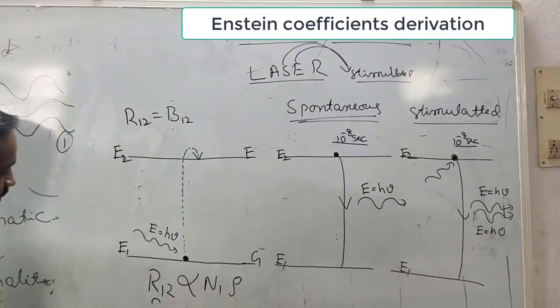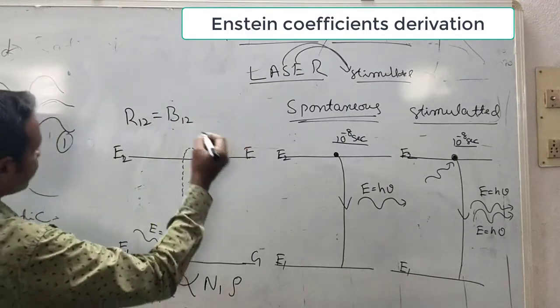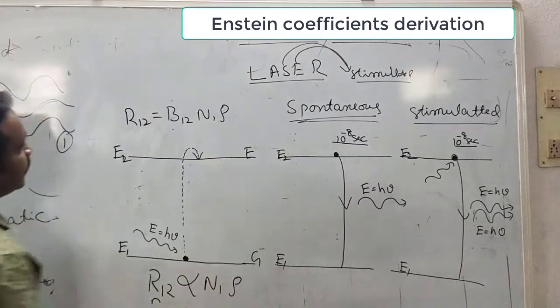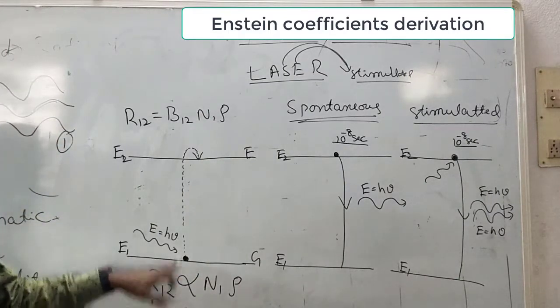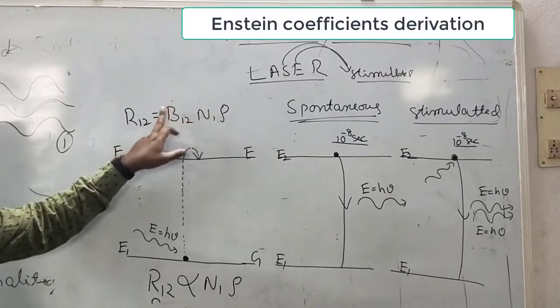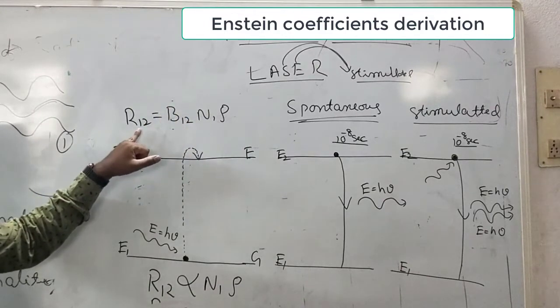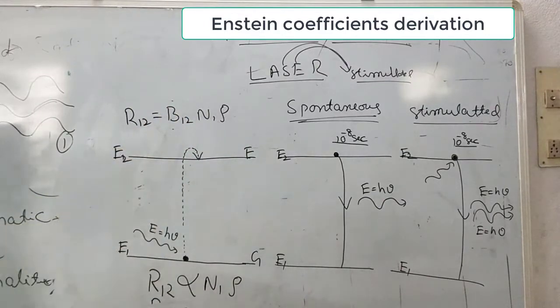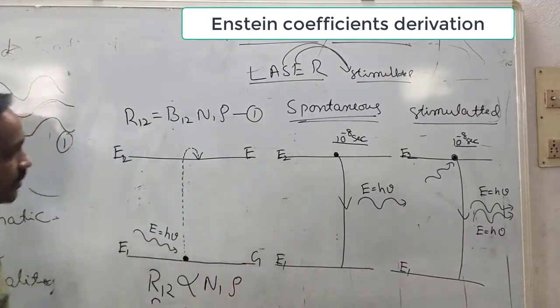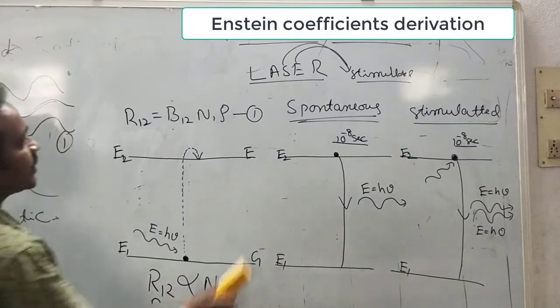I will take V12 as the notation in your textbook. Then you get some constant B12, because the electron is going to jump from 1 to 2. So R12 equals B12 N1 rho. That is equation number 1. For absorption we got equation number 1.